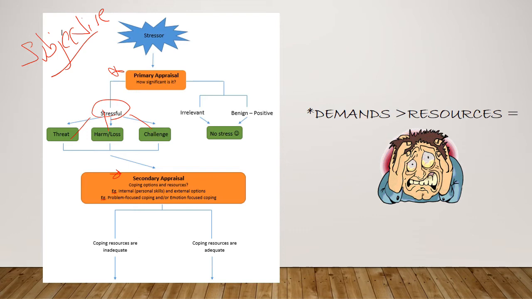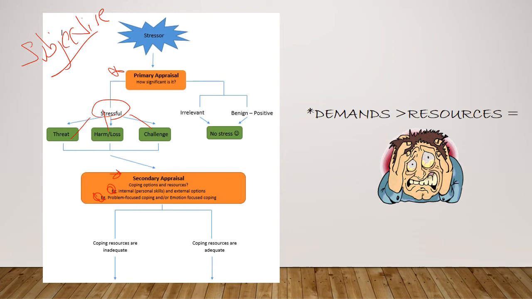In terms of our secondary appraisal, this is more about whether our coping strategies or resources are adequate or not. So what you actually do is consider what coping strategies and resources you have available to you, whether they be internal or external. And then if you have enough coping resources, you're like, okay, cool, I can deal with this. If you don't have adequate resources, then you might be more stressed, okay?